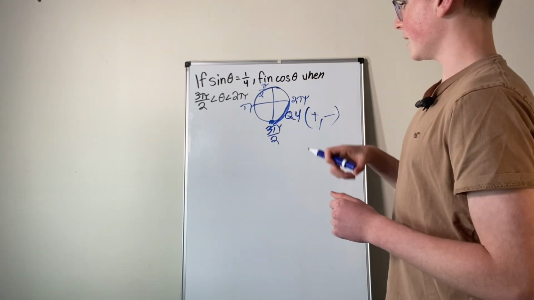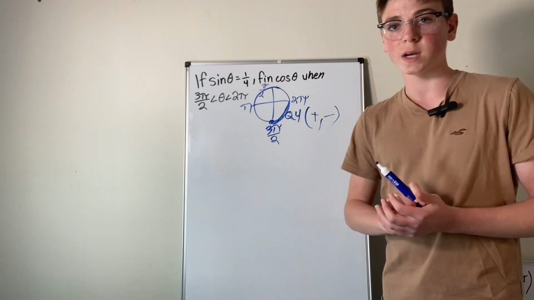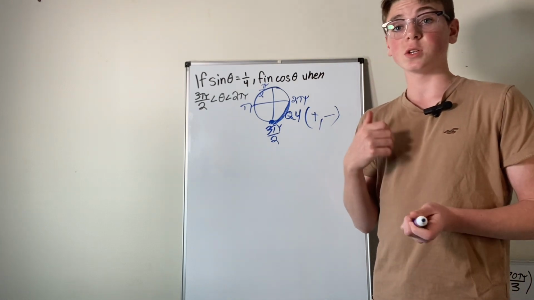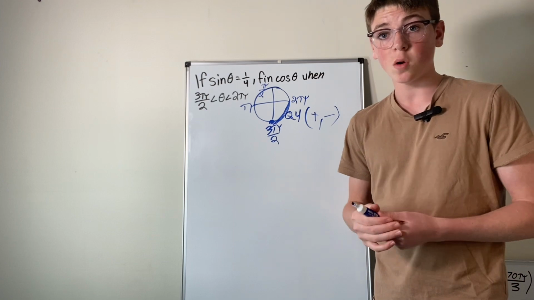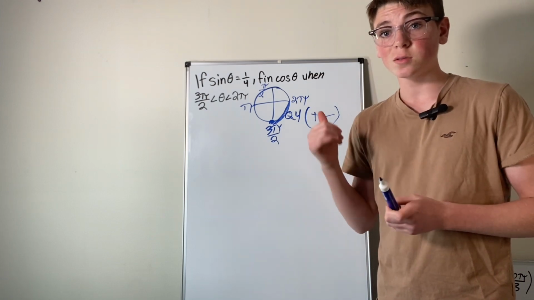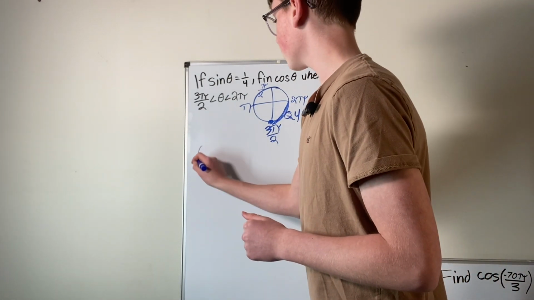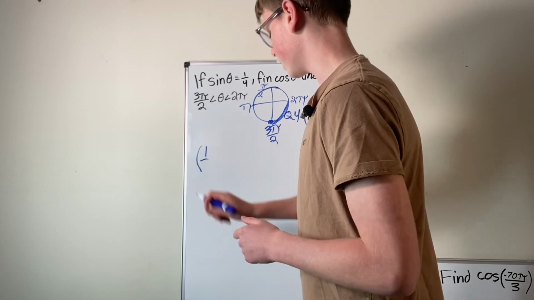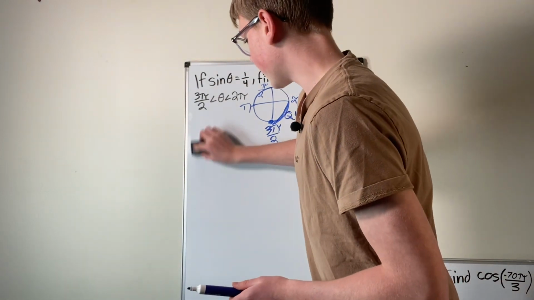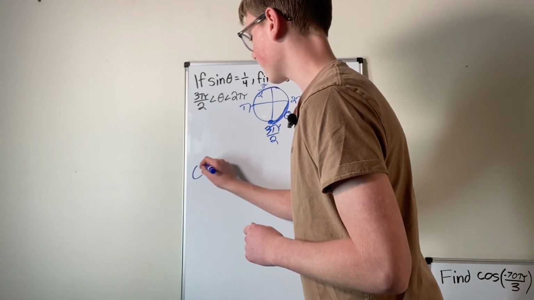Now, sine equals 1/4. Find cosine. What we could do is use the Pythagorean theorem, or we could use the Pythagorean identity. I'll use the Pythagorean identity here. So that means cosine squared plus sine squared equals 1. So I'll just write it like it is.